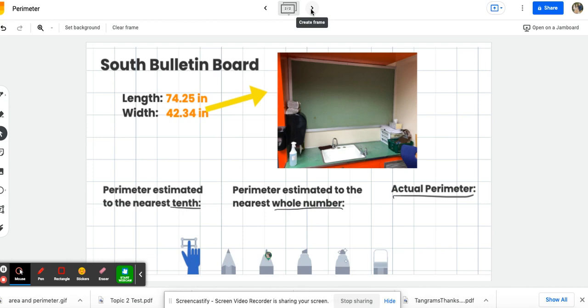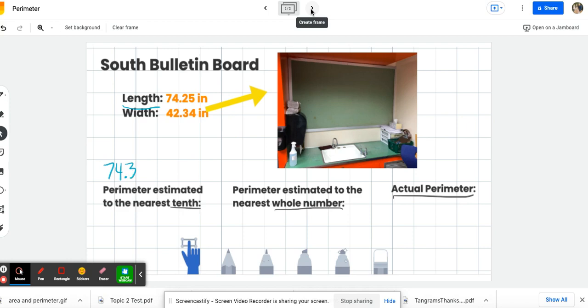So the tenths place. Here we go. I'm taking the length, which is 74 and 25 hundredths, and rounding to the nearest tenth. I'm going to get 74 and 3/10, because the 5 will bump the 2 up to a 3.